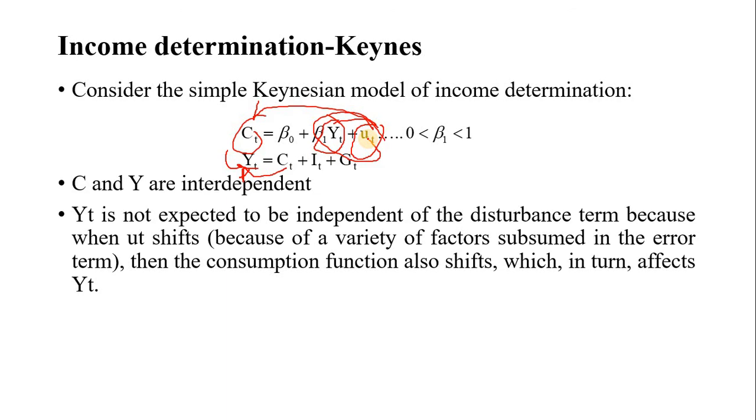But in many macroeconomic and microeconomic models, there will be more than one equation, and there will be some connection between these equations. Such a system is known as a simultaneous equation model.